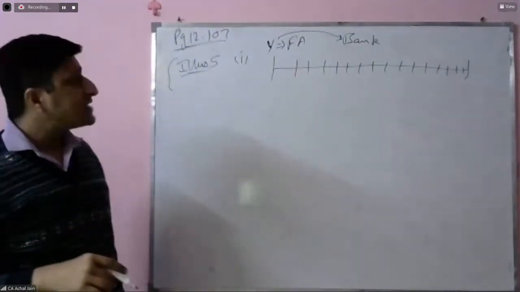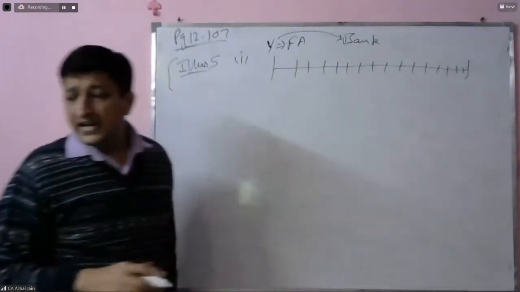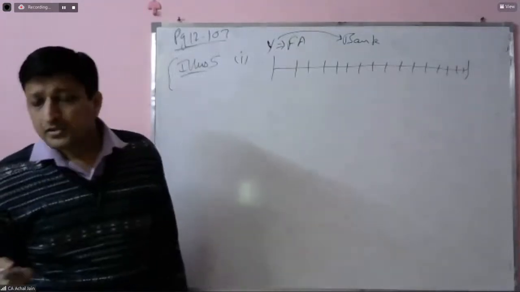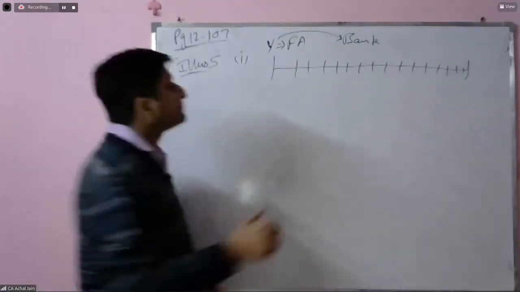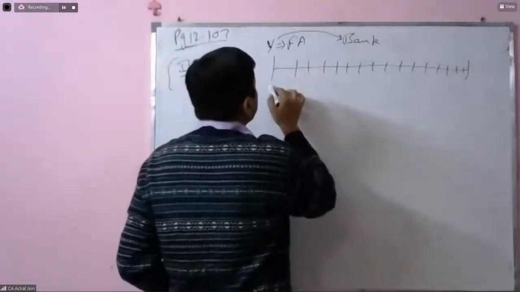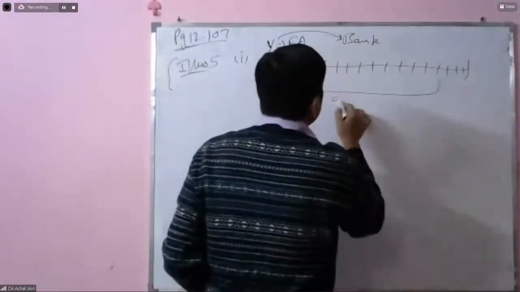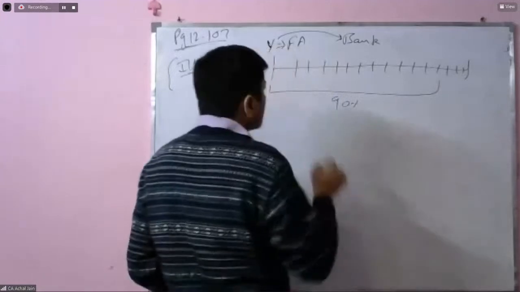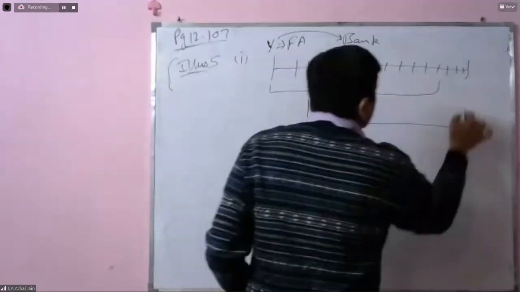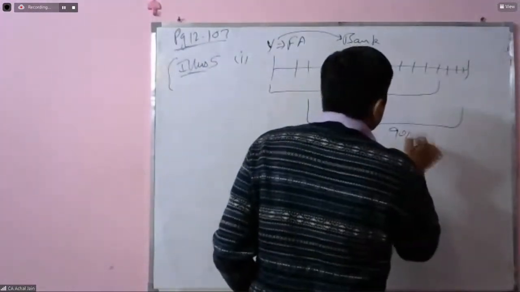And what is entity Y saying? That it will transfer first 90% of the cash flows or last 90% of the cash flows.